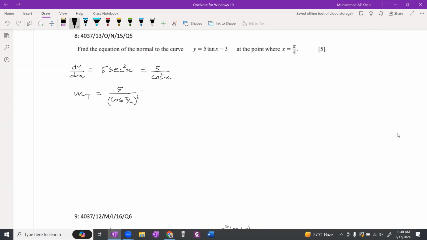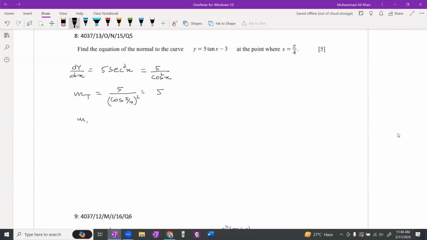Yes, what is the answer? Calculator in radians. 5, right? So now the gradient of the tangent is this.